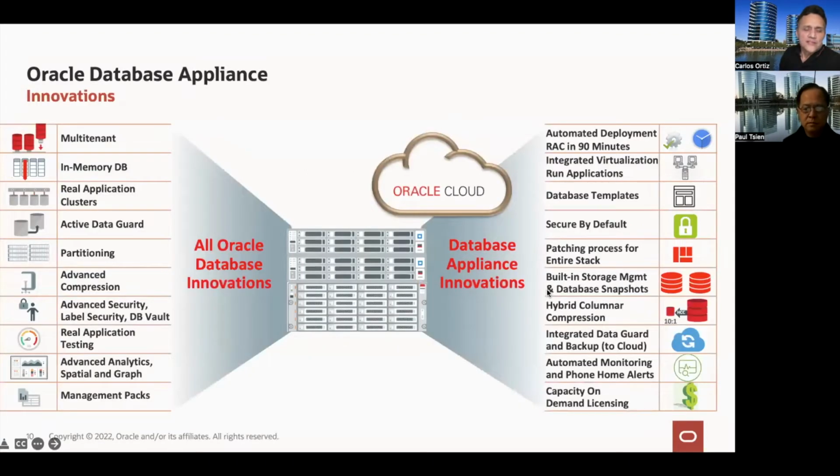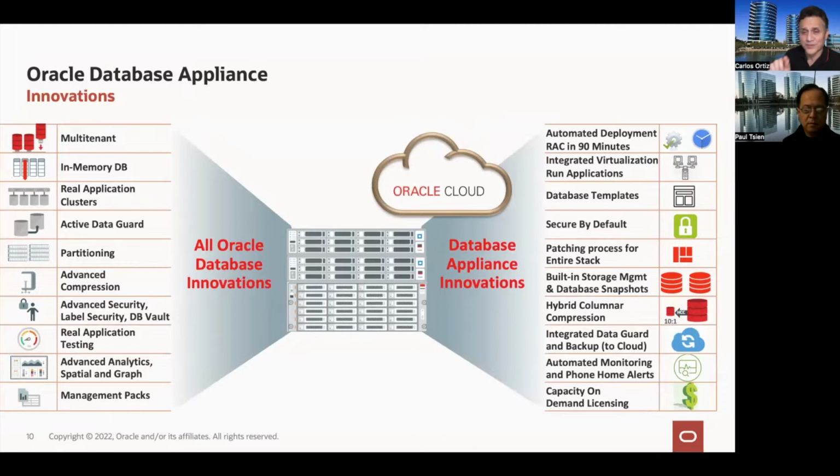So on this slide, you can see some of the innovations that we have on the Oracle database on the left-hand side, and on the right-hand side, the Oracle Database Appliance innovations. Everyone in the market has access to the Oracle database innovations on the left-hand side, but on the right-hand side, you can only get them if you get an Oracle Database Appliance.